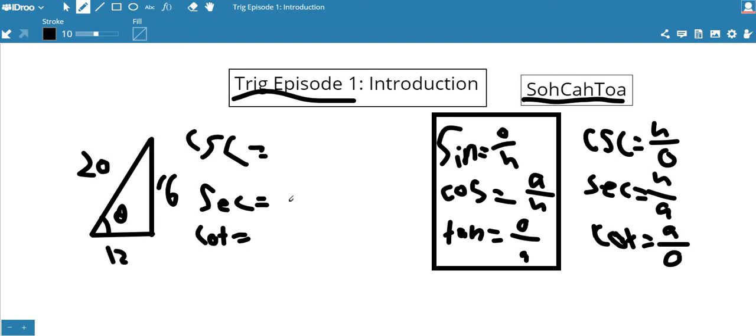So what's cosecant, secant, and cotangent?